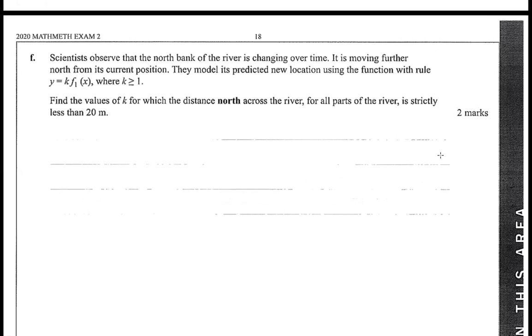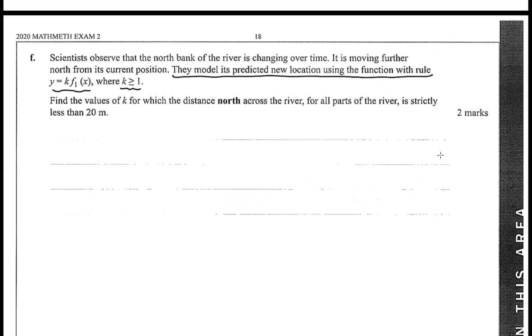Scientists observed that the north bank of the river is changing over time. It is moving further north from its current position. The model predicts the new location using the function with rule y equals k f1 of x, where k is greater than or equal to 1. So it's actually dilating the function f1 of x.